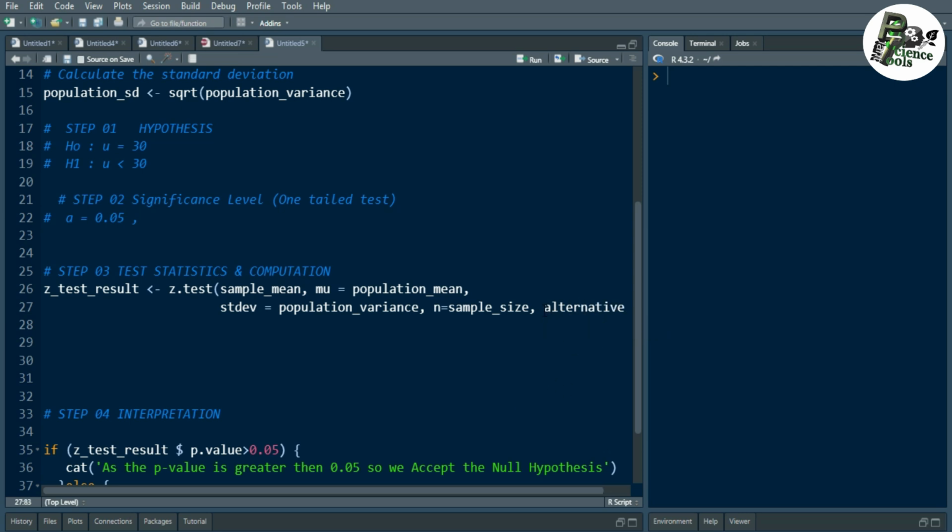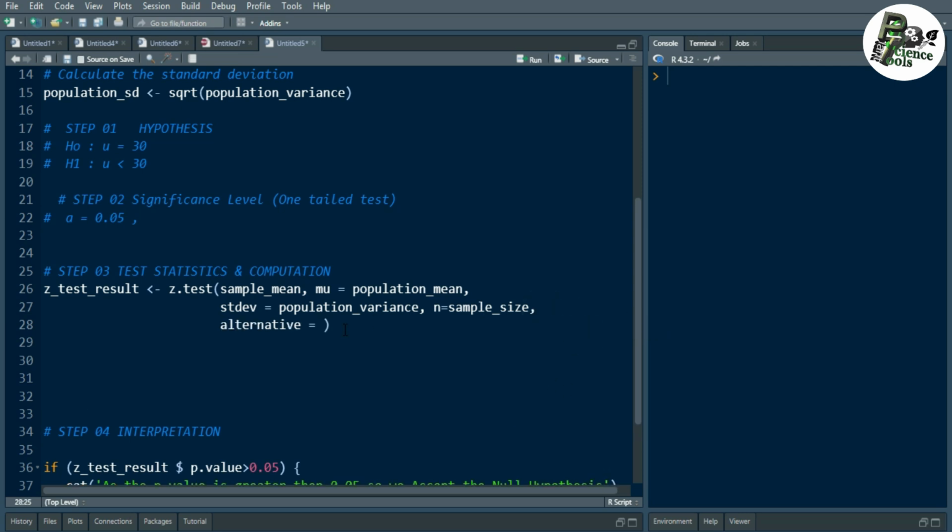As I discussed in the previous video, the alternative should be described on the basis of our alternate hypothesis. If it is greater than 30, we write greater, but in this case it is less than 30, so we write less. So this is all about the computation.